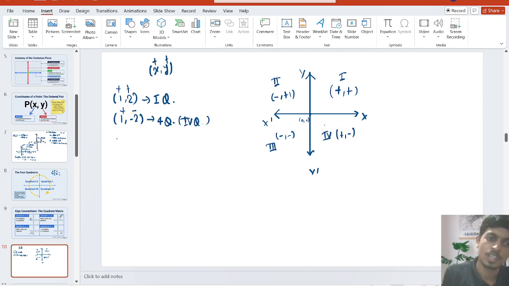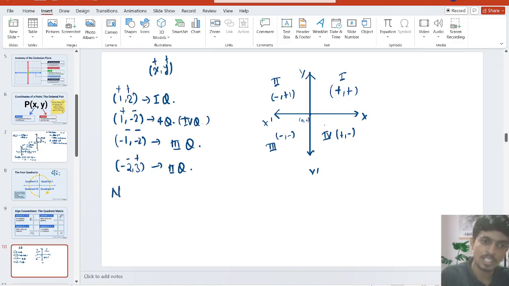If this is minus 1 comma minus 2, both are negative, so which quadrant? Third quadrant. And if minus 2 comma 3, which is minus and plus, this lies in the second quadrant. I hope it is clear to you.